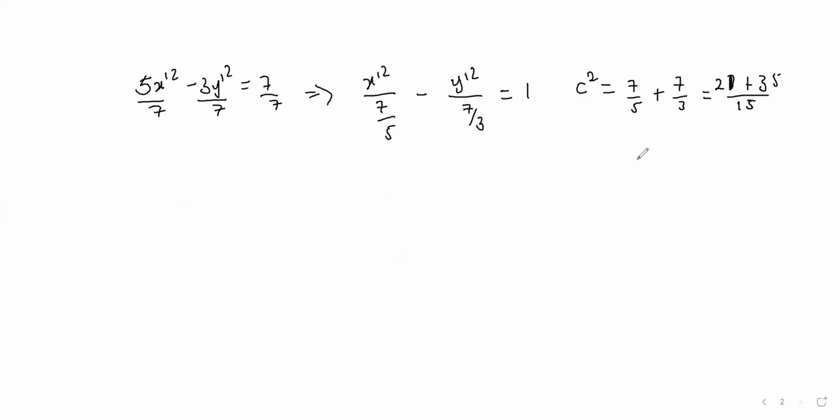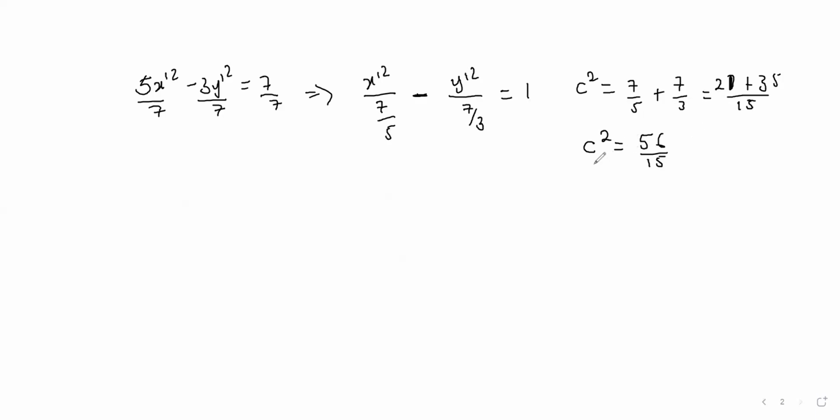It's a minus, that is it, on the standard equation for the hyperbola. Oh, okay. Yes. The minus, is it? Mm-hmm. Okay, so we'll have c squared is equal to 21 plus 35 is 56 over 15.